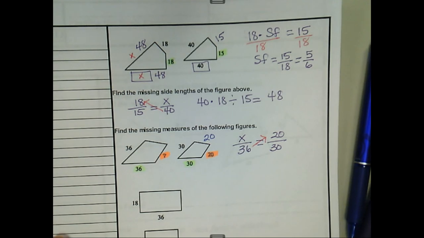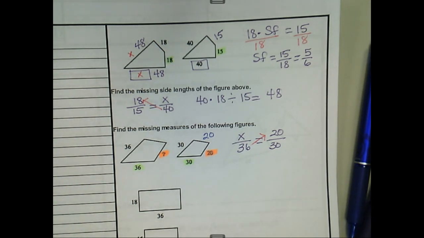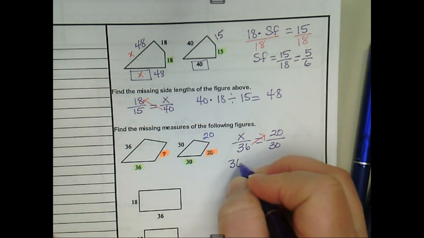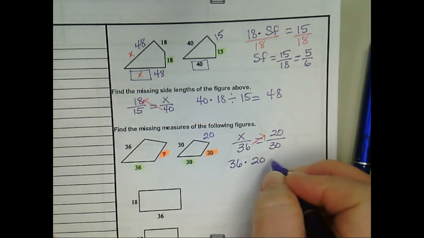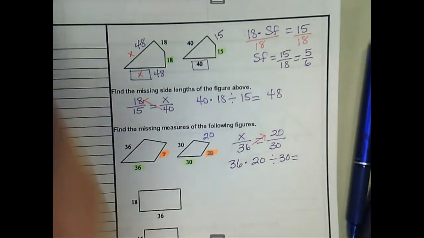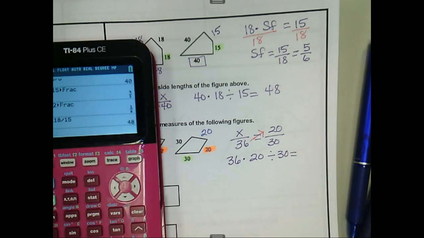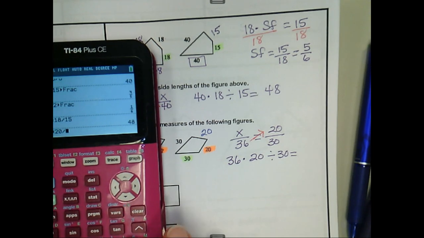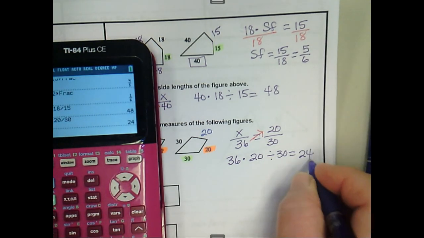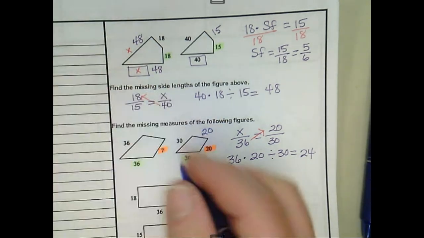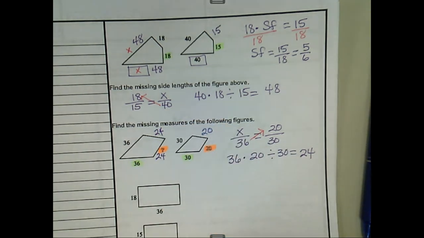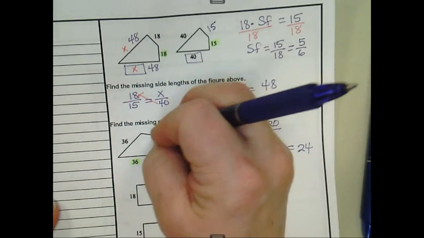36 times 20 divided by 30. And you get 24. So if this one's 24, this one will also be 24, because they are both kites.